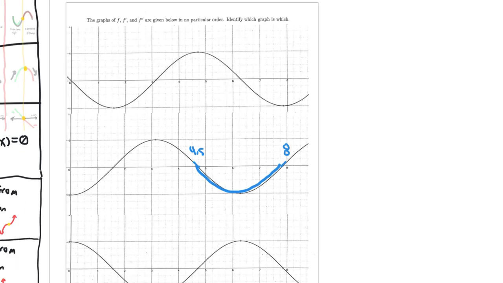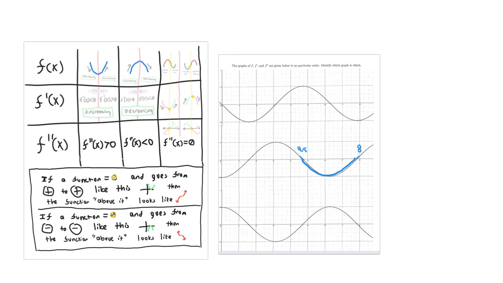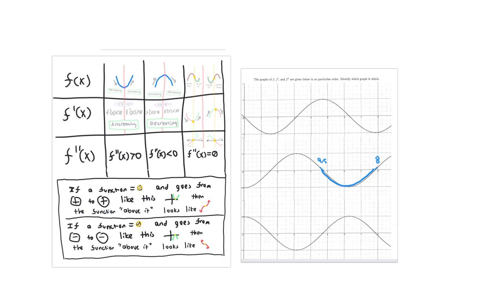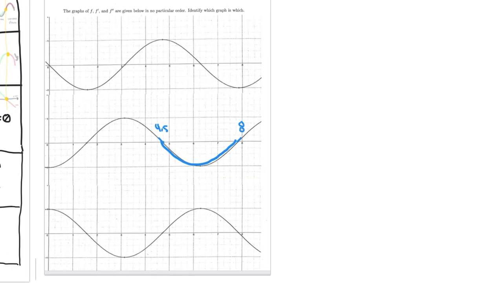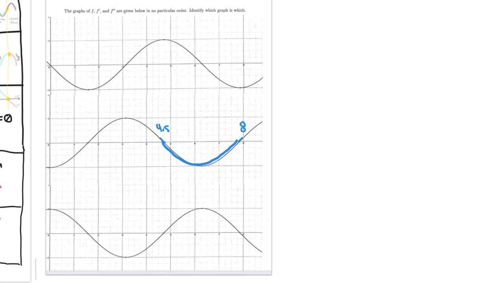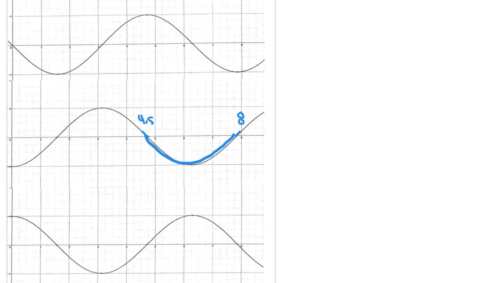That's fine. Which means that between 4.5 and 8, if it's concave up, f double prime is going to be above the x-axis. So let's see if that's happening anywhere. Yes, this is above the x-axis from 4.5-ish to 8-ish.